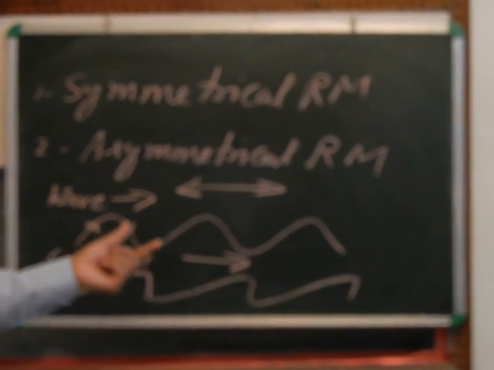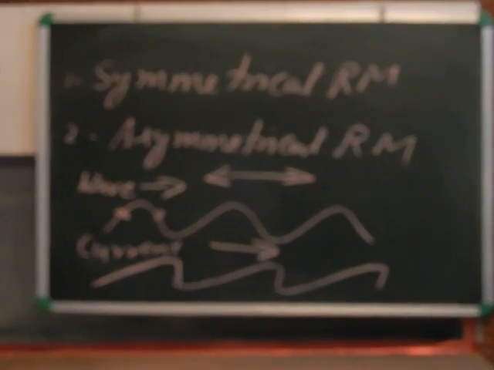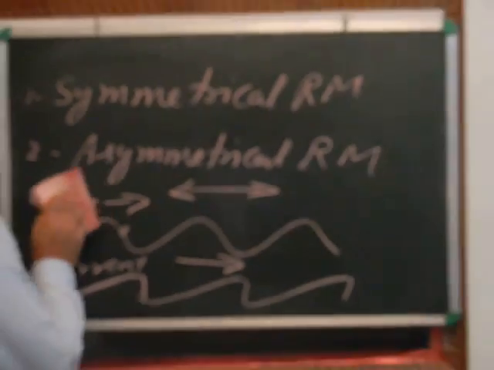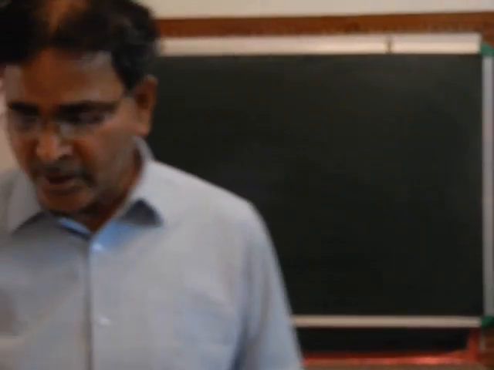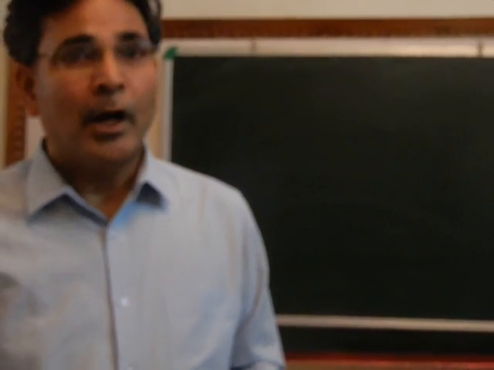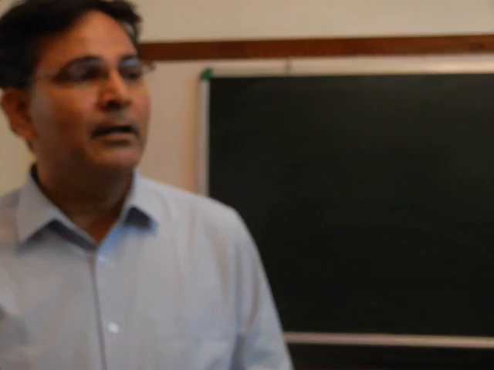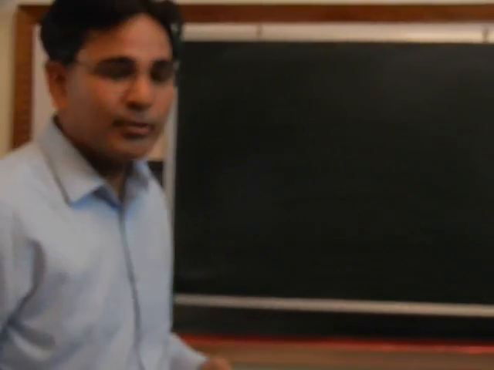And the crest has different properties. The crest may be straight, the crest may be sinuous, the crest may be linguoid, the crest may be lunate, the crest may be catenary.